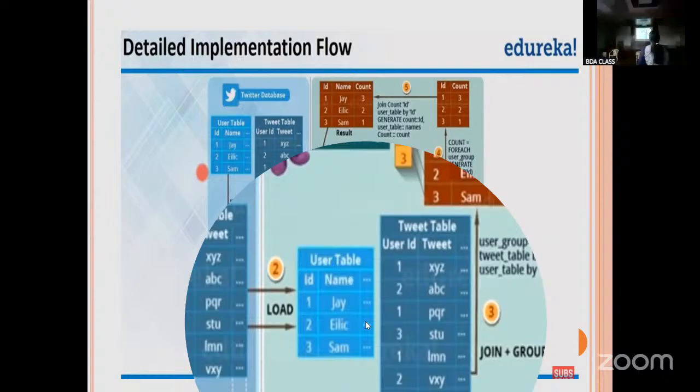Then what do you do? Join plus grouping. So how do you join and how do you group them? We are going to take only the ID and the comment for joining them. Clear? Put it on the table. A single table is required here.